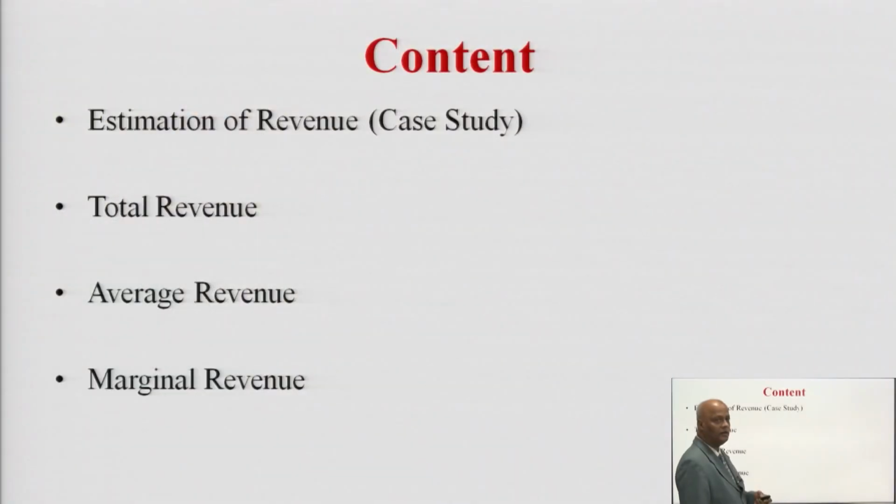Before that, if I ask you a question: what is the important objective of business managers or producers? One answer I will get from all of you is that the main objective of the producer or business manager is to maximize profit, to earn profit.